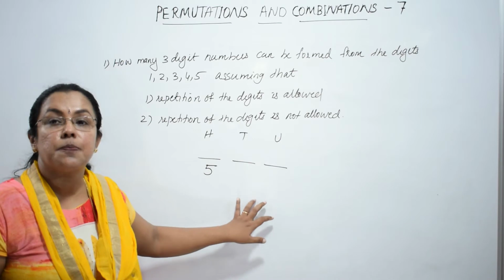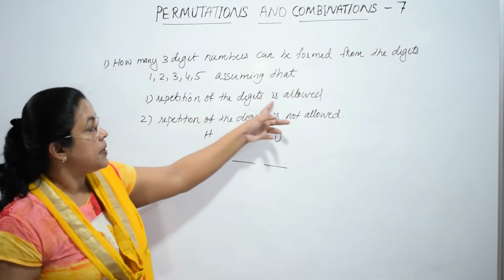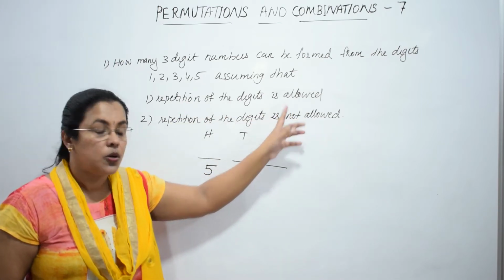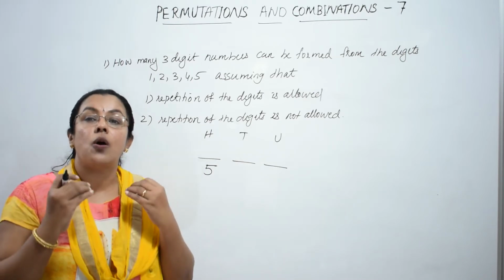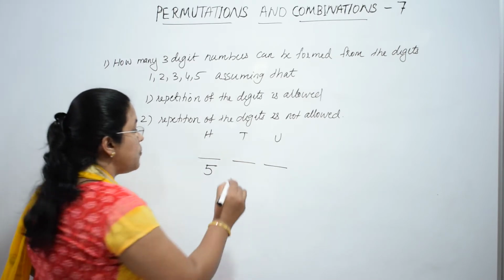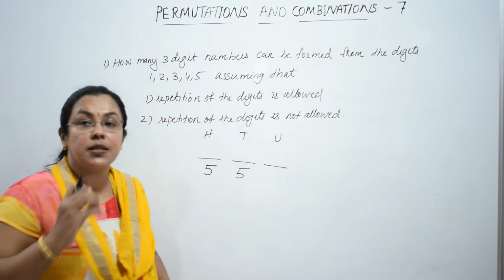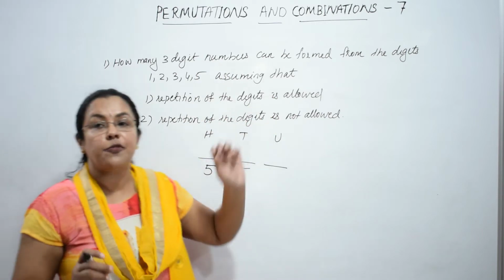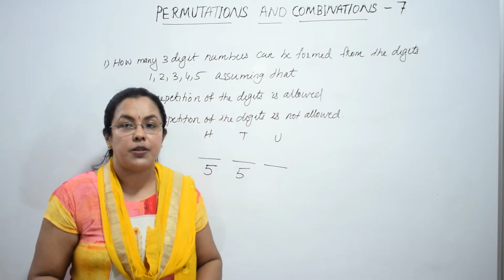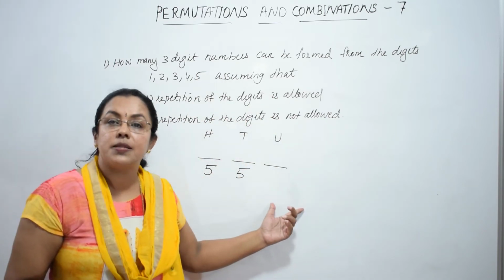What about the tens place? Here, repetition of digits is allowed. So the second place can be filled using all the 5 digits in 5 different ways. Is it clear? What about the unit place?